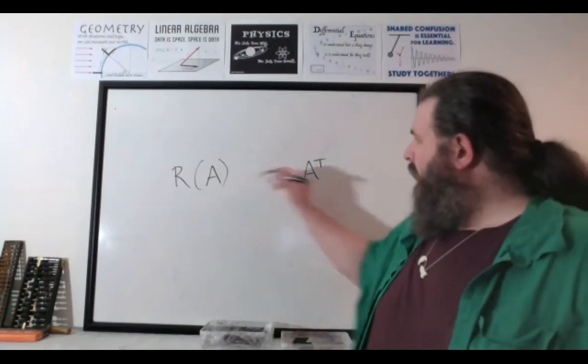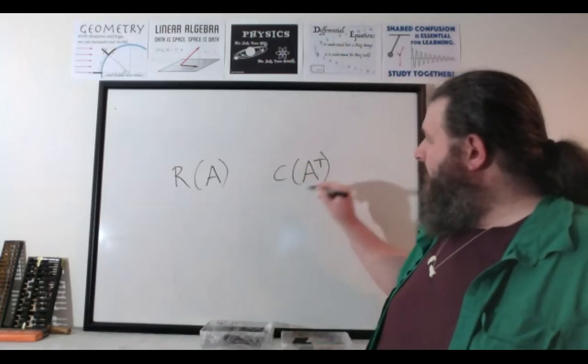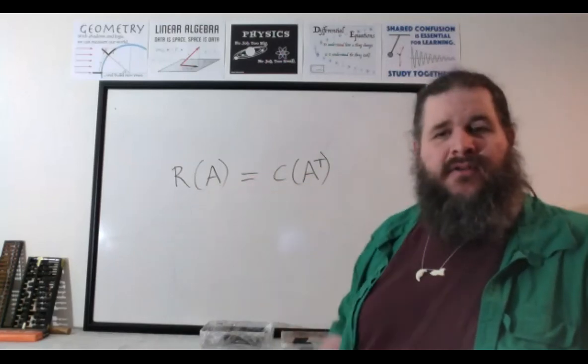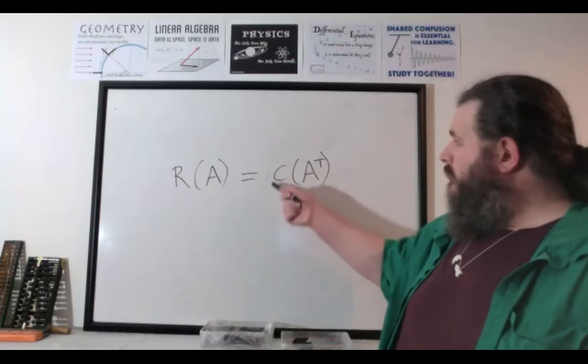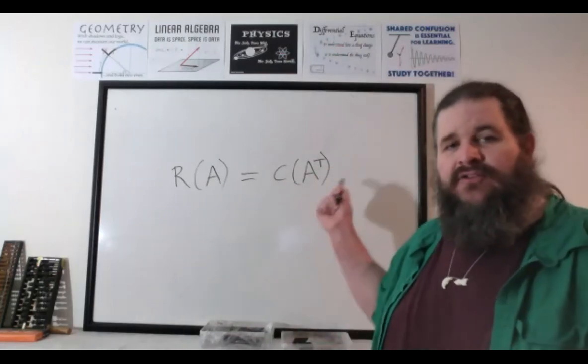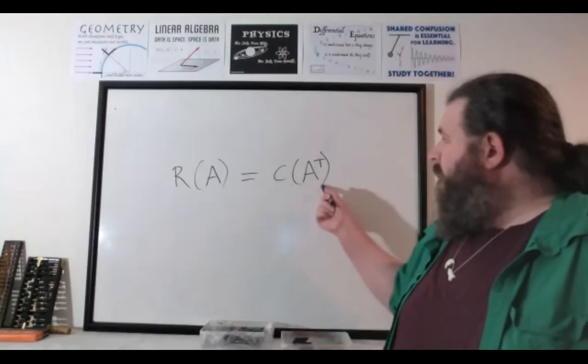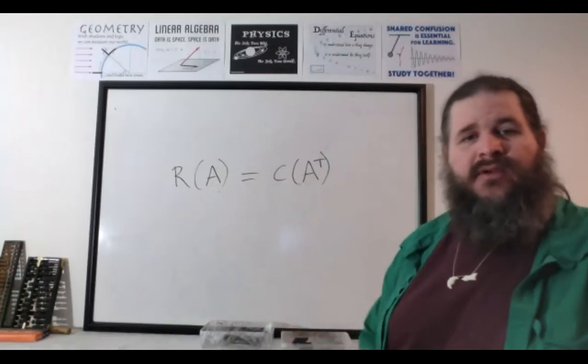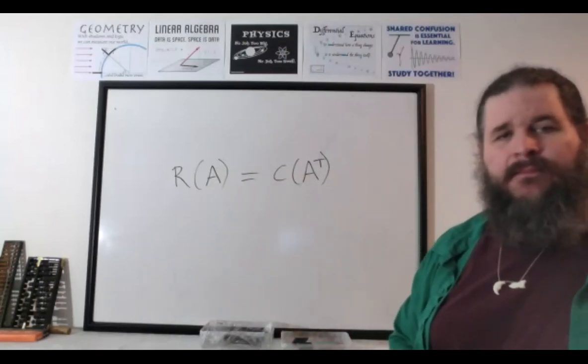Right. The rows of A are the same as the columns of A transpose. So row space of A means all possible linear combinations of the rows of A. Column space of A transpose means all possible linear combinations of the columns of A transpose. But the columns of A transpose are the rows of A. So these are the same subspace, just two different ways to write it.